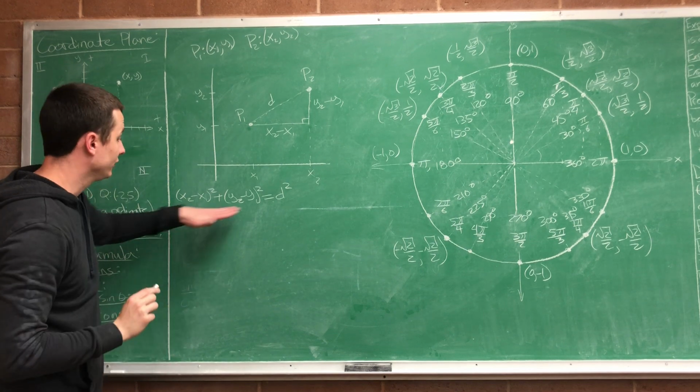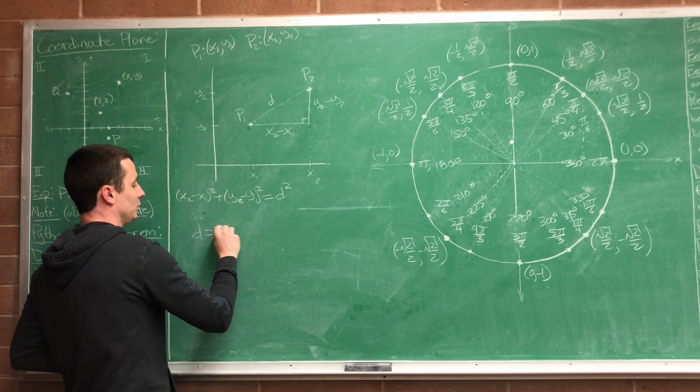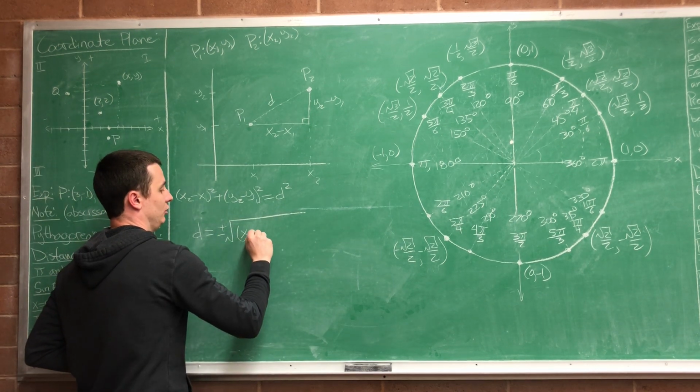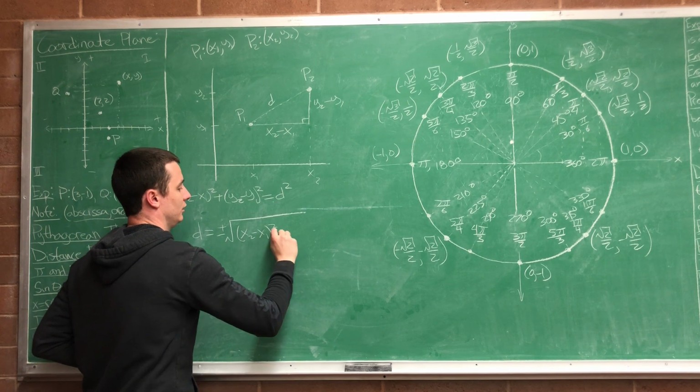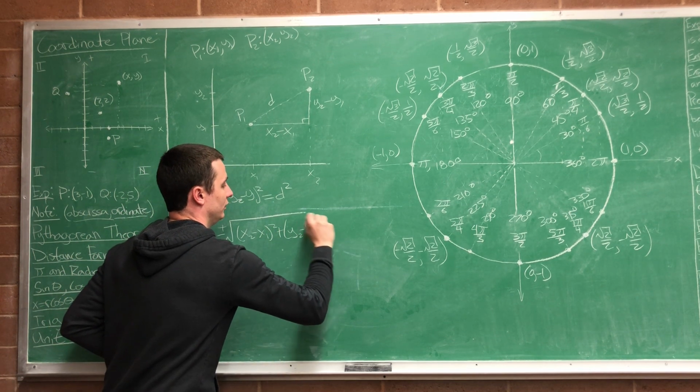Perfect. Now take the square root of both sides, and we get d is equal to plus or minus the square root of x2 minus x1 squared plus y2 minus y1 squared. Right?